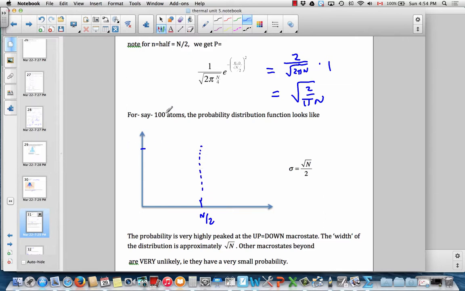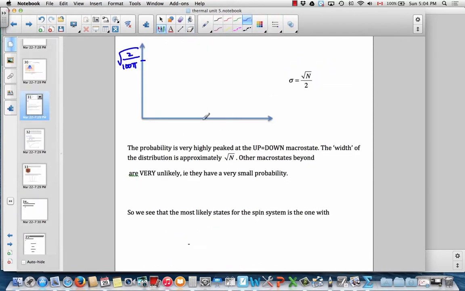So if we, say, had 100 atoms, then this is going to be 2 over 100 pi square rooted. That's not a very big number, but it is still the most likely outcome. Okay, so with 100 atoms, this would be 50.